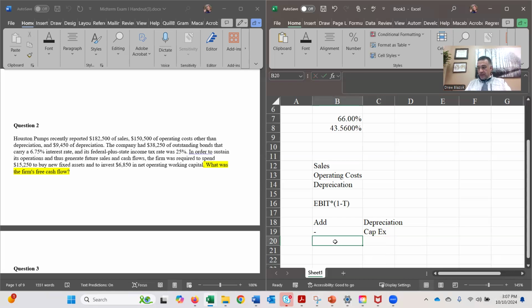Next, I want to subtract the change of net operating working capital.